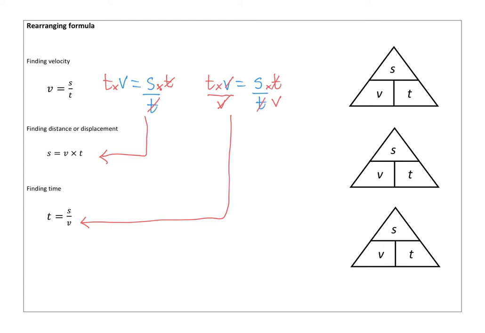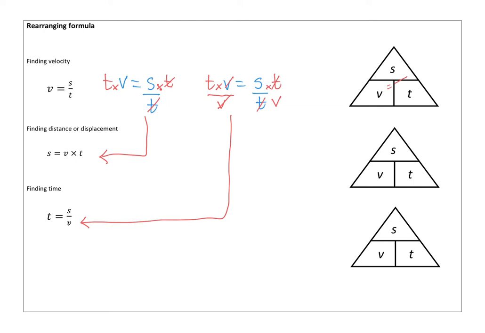But just to highlight here with the triangle, if you've learnt that, if you've got a formula like V equals S over T, you can write it into a triangle like this. I'll actually write that down. V equals S over T. You can almost think of it like that.